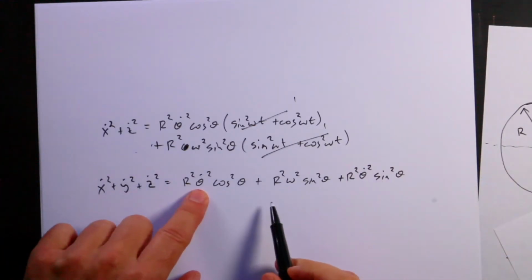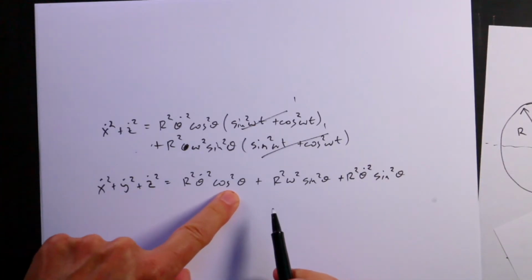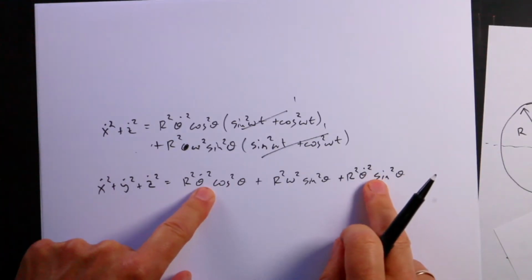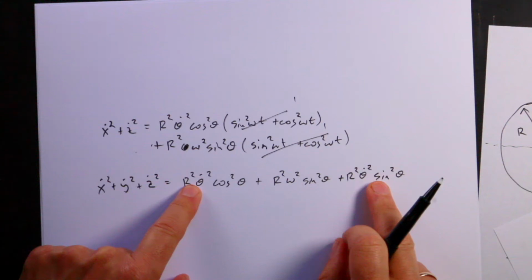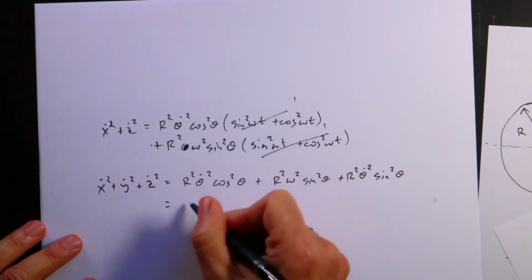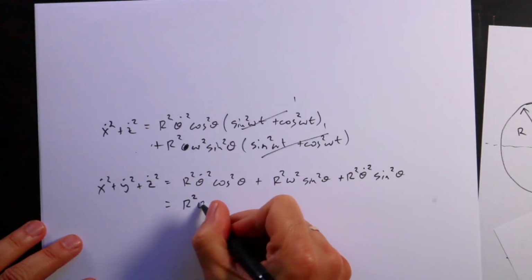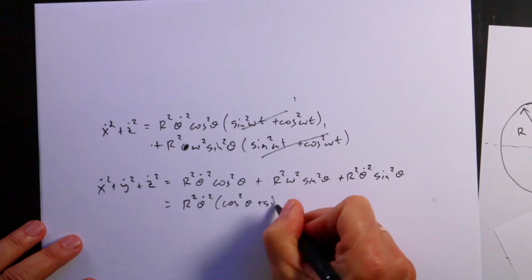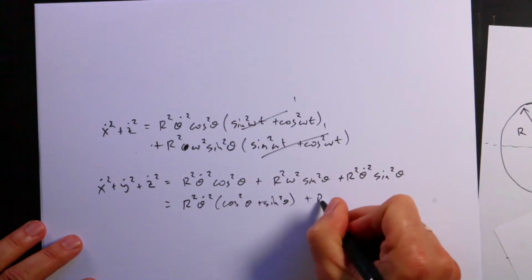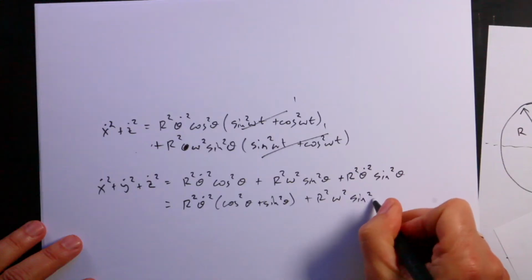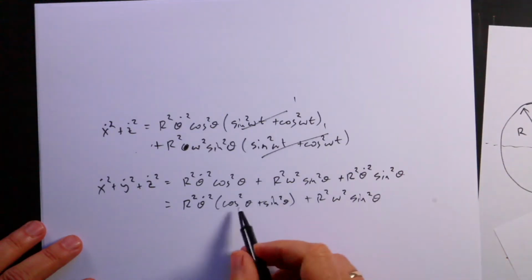And so right here, I have r squared theta dot squared cosine squared theta and r squared theta dot squared sine squared theta. So I can combine these two and factor out the r squared theta dot squared, and then I get cosine squared plus sine squared is equal to 1. Let me write that out. So I have r squared theta dot squared times cosine squared theta plus sine squared theta plus r squared omega squared sine squared theta. And that's 1.